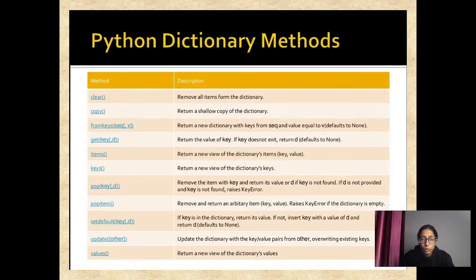Clear, we know already, will clear everything from the dictionary. Copy will make a shallow copy. Fromkeys returns a new dictionary. Get returns the value of your key. Items returns a new view of your dictionary items. Keys returns a new view of your dictionary keys.